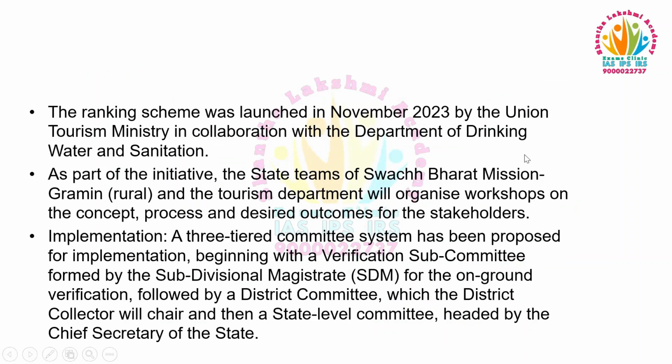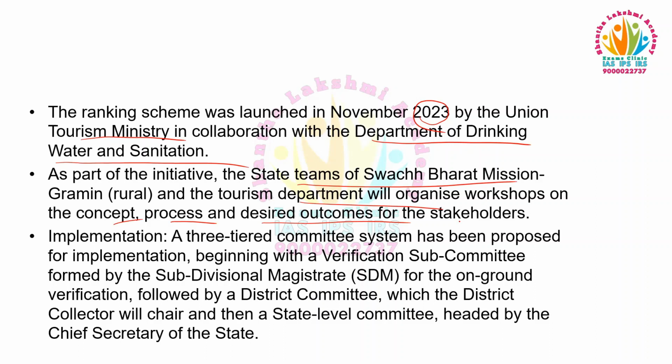The rating scheme was launched in November 2023 by the Union Tourism Ministry in collaboration with the Department of Drinking Water and Sanitation. As part of the initiative, the state teams of Swachh Bharat Mission Gramin and the tourism department will organize workshops on the concept, process, and desired outcomes for the stakeholders.